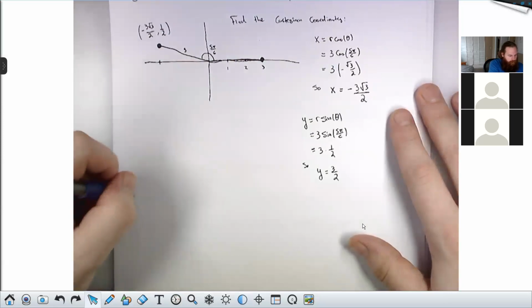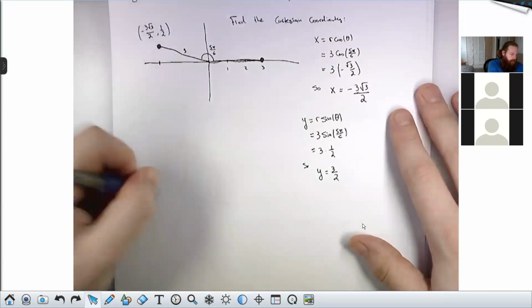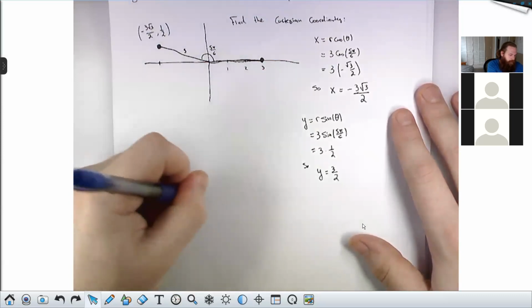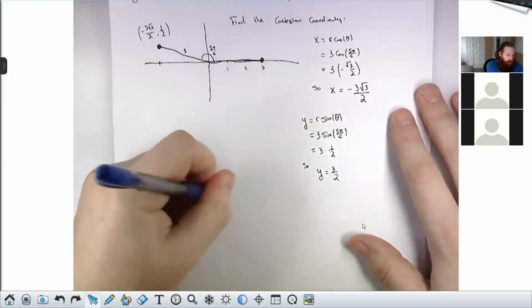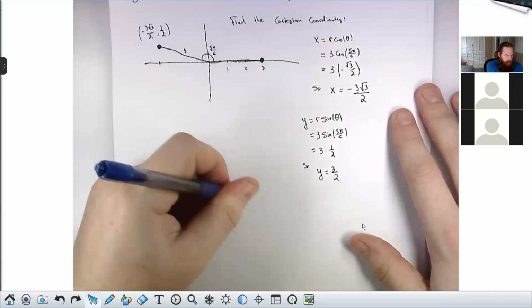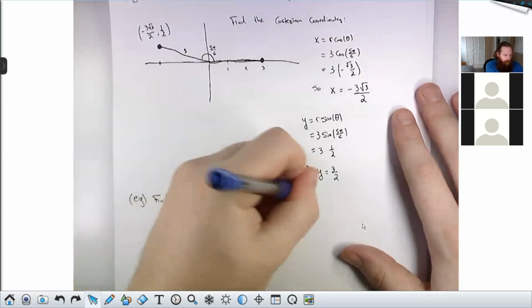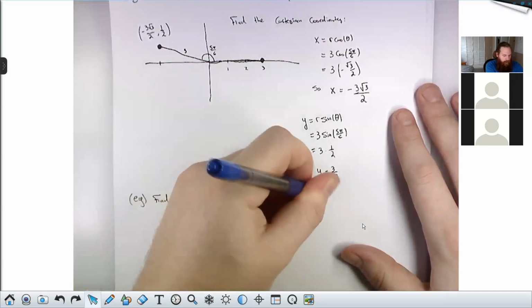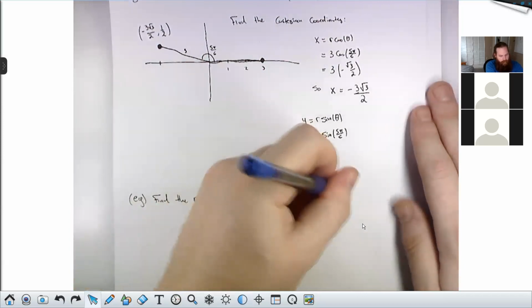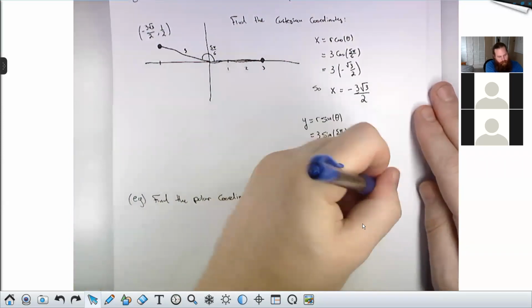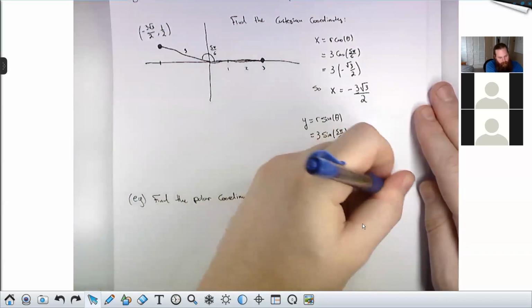Let's go the other way. Let's find the polar coordinates for the Cartesian point xy equals, how about 5, 5?